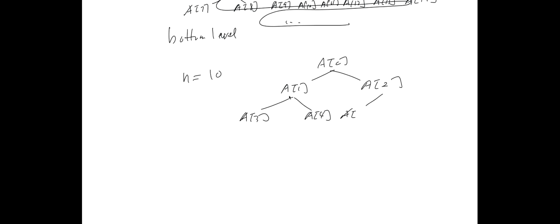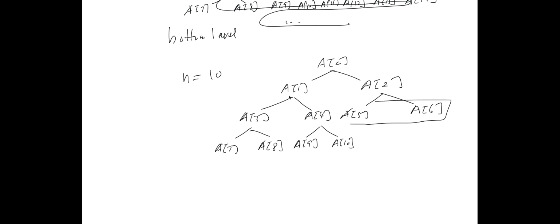What we have here is A0, A1, A2, A3, A4, A5, A6, A7, A8, and now 10. And these two nodes are leaves.